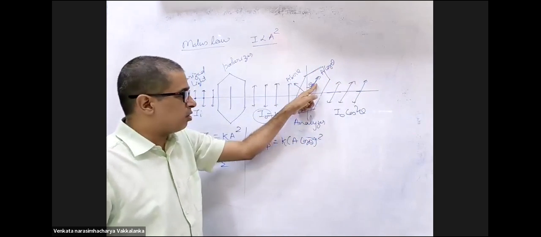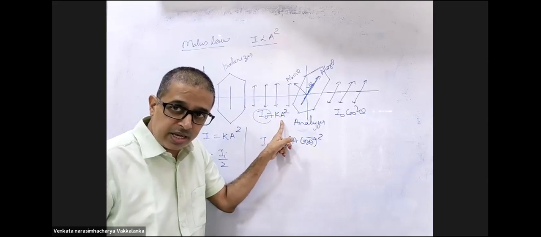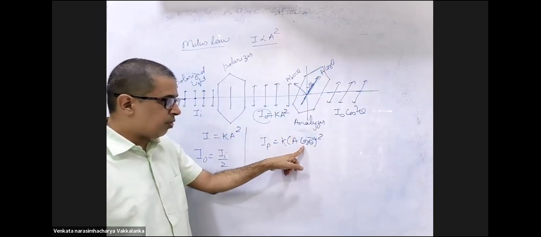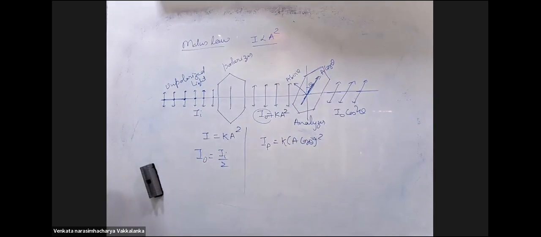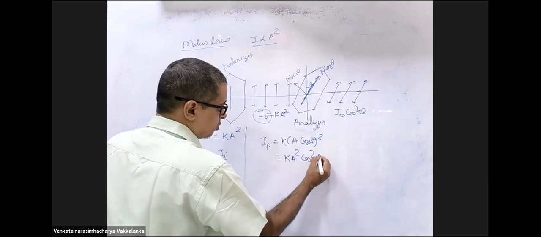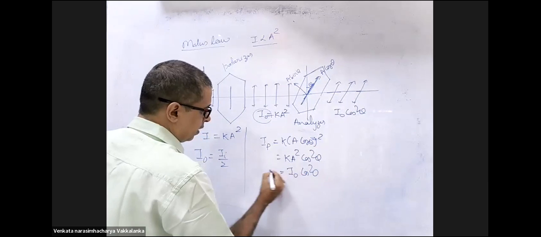What component falls on this? A cos theta. If intensity is directly proportional to amplitude squared, what component comes here? A cos theta. So now instead of A, I will write A cos theta. Is this step okay with all? Yes, sir. It will be K A square cos square theta, which is I naught cos square theta.